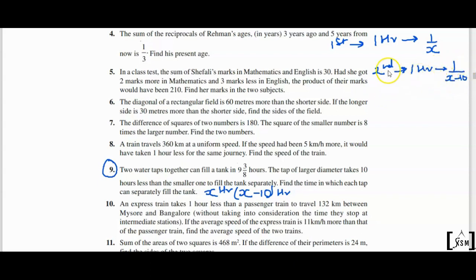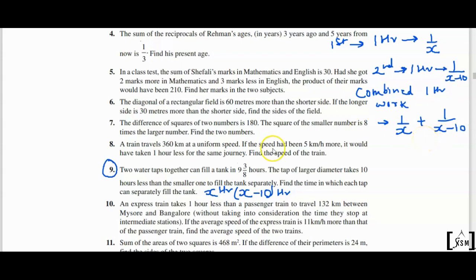Now their combined work for 1 hour, so let me write that. Combined 1 hour work is 1 over x plus 1 over x minus 10. This is their combined work for 1 hour.